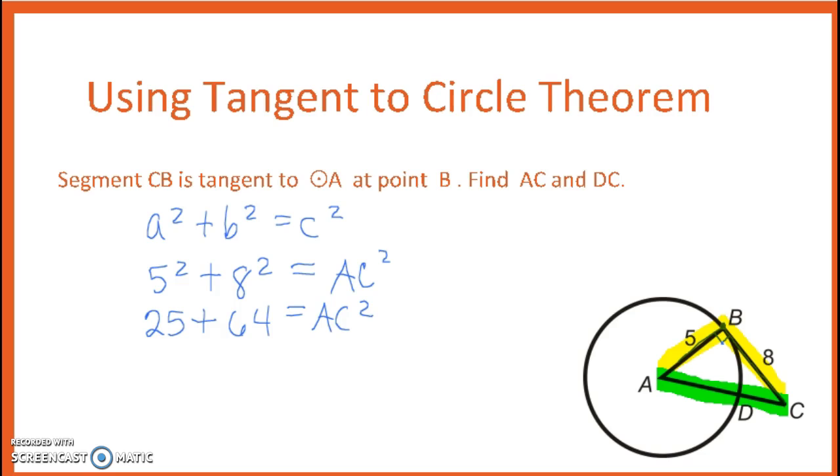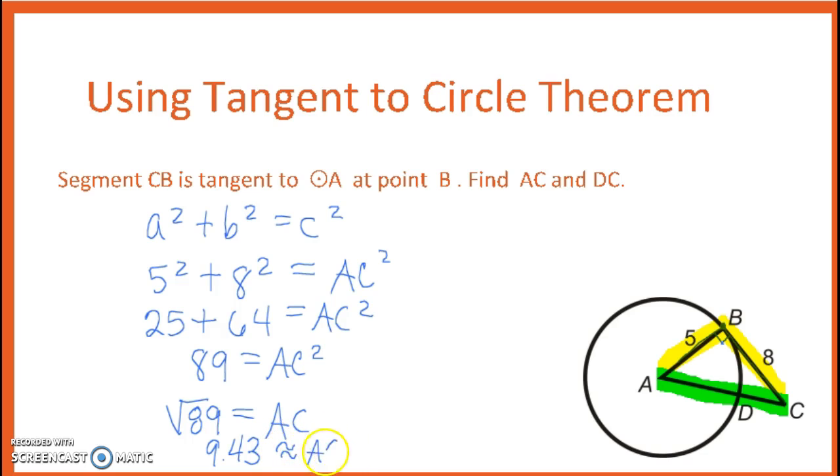So if I add 25 plus 64, that gives me 89 equals AC squared. And to figure out the length of AC, I just have to take the square root of 89. And when I take the square root of 89, that gives me about 9.43.